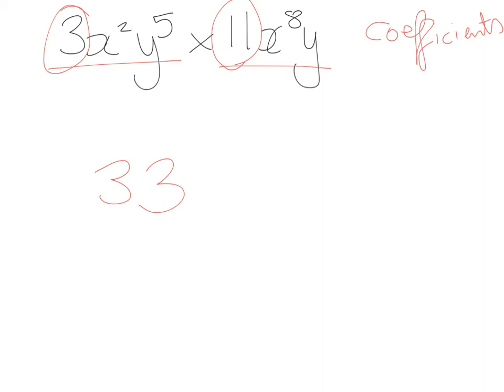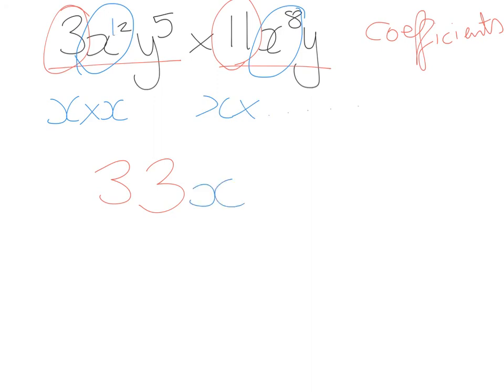Now I've got x's and y's, so let's do the x's first. I've got x squared multiplied by x to the power of 8. So again, I could write out x times x 8 times, or I could remember the rule that it's x to the power of the sum, the adding together of these indices. Now I haven't quite finished yet, because I've also got my y terms here. I've got y to the power of 5 and just y.